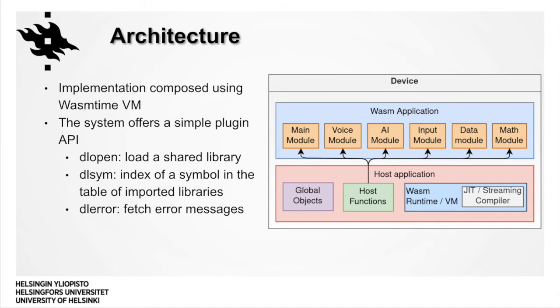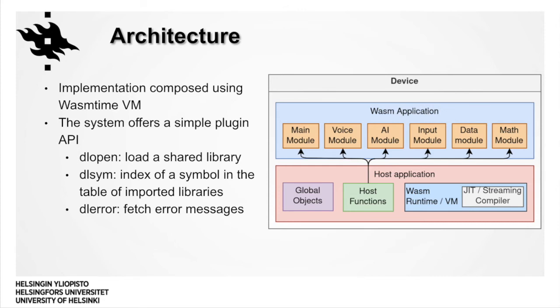It is based on the Wasmtime virtual machine, and it offers different APIs for loading shared libraries and then linking these during the runtime. It also allows breaking the sandboxed environment, and by this I mean accessing different hardware features. This is of course necessary, especially when working with IoT devices.